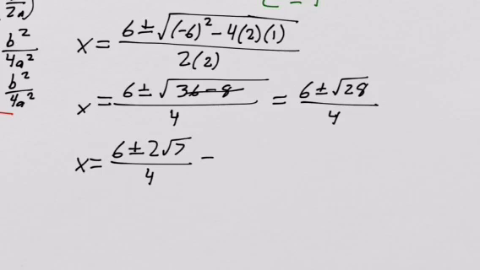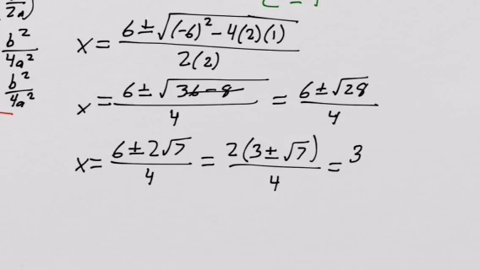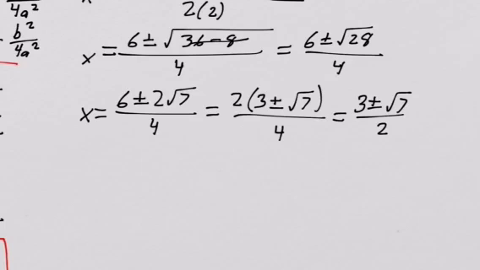And then I can factor a 2 out of the numerator. And then I can cancel a factor of 2 and I get 3 plus or minus the square root of 7 over 2. And of course, the book would want that with the curly braces around it, so 3 plus or minus square root of 7 over 2.